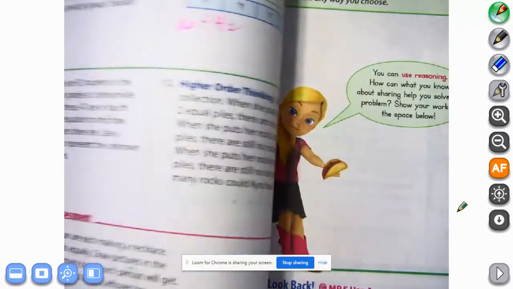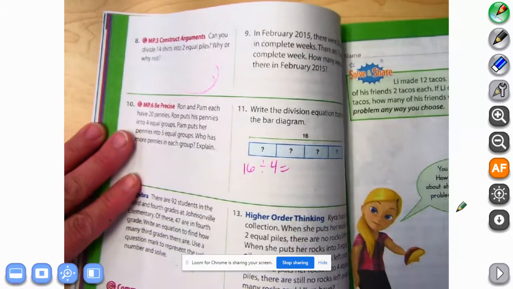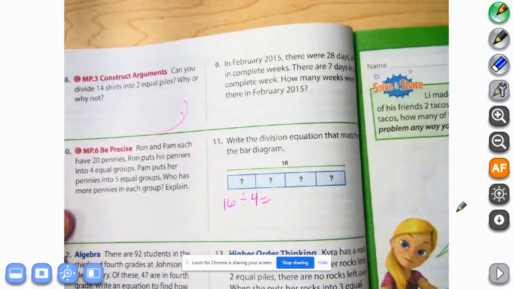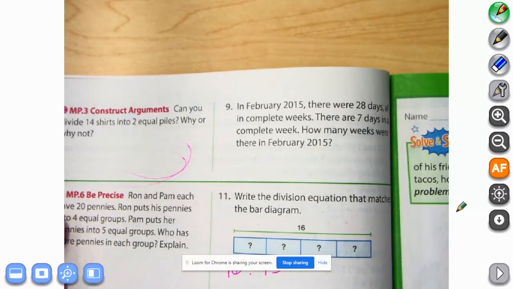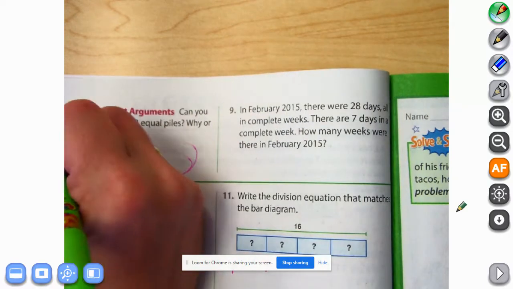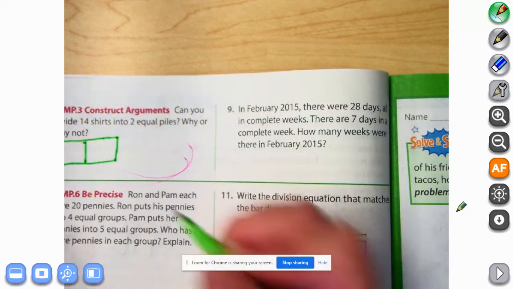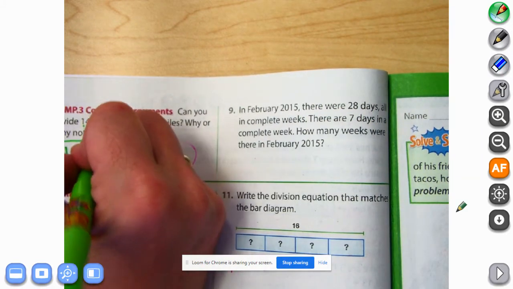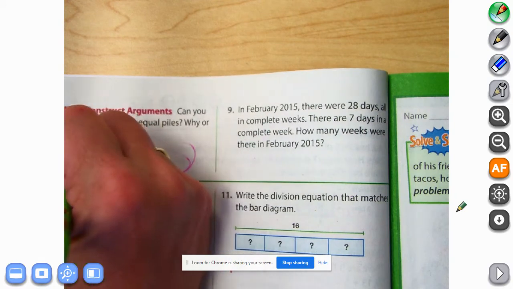Okay, we're switching to page 36. Can you divide 14 shirts into 2 equal piles? Why or why not? So let's try 2 equal piles. 1 pile, there's 2 piles. 14 shirts. So 1, 2, 3, 4, 5, 6, 7, 8, 9, 10, 11, 12, 13, 14.